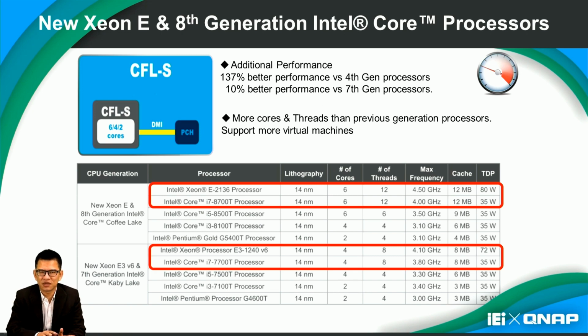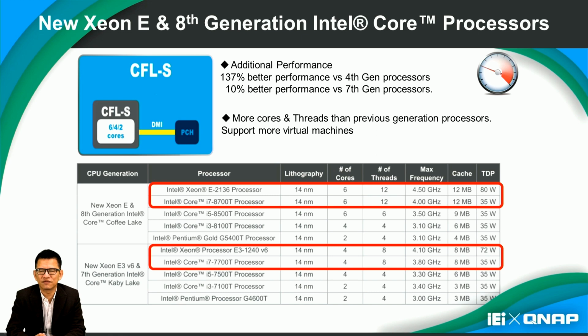The big performance gain between Gen 4 and Gen 8 is an increase of 137%. Between Gen 7 and Gen 8, we increased the performance by about 10%. So this is about performance.